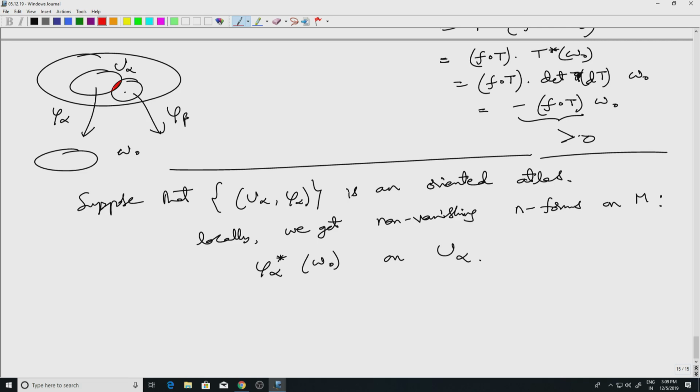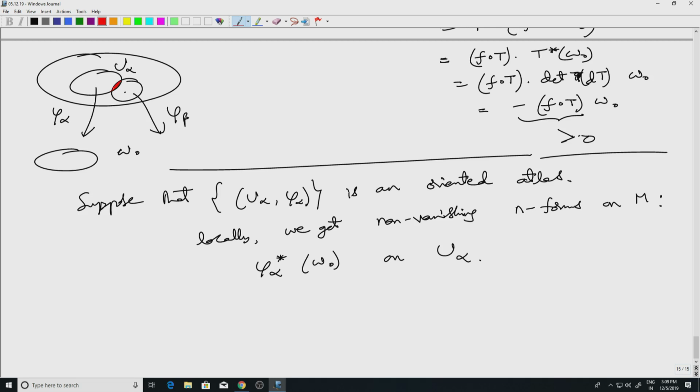So here we have to use a device which I didn't actually have occasion to use throughout the course, but which is one of the most useful things in the context of starting with locally defined objects and getting a global object on a manifold.